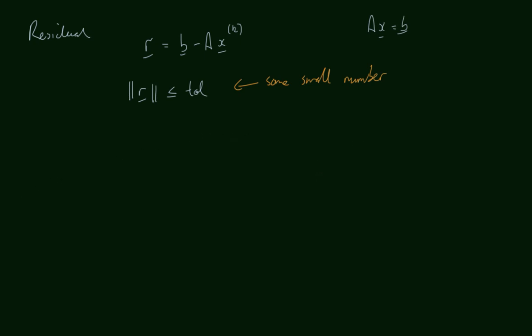Okay, so for our second iteration, if we calculate the residual, the b vector was 4, 3, 9. You may need to rewind the video to remind yourself what the b vector was.